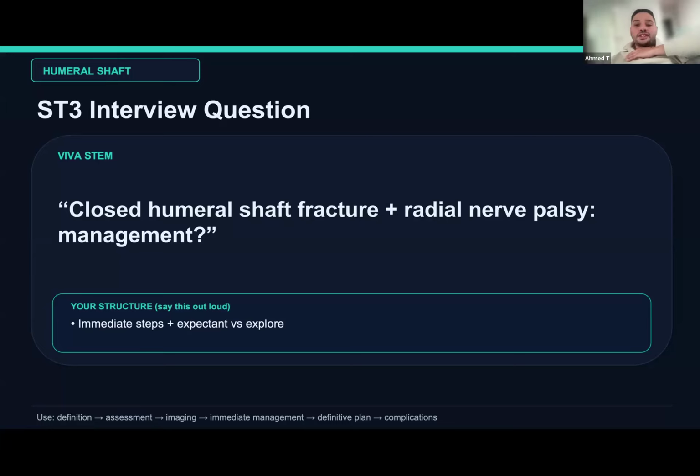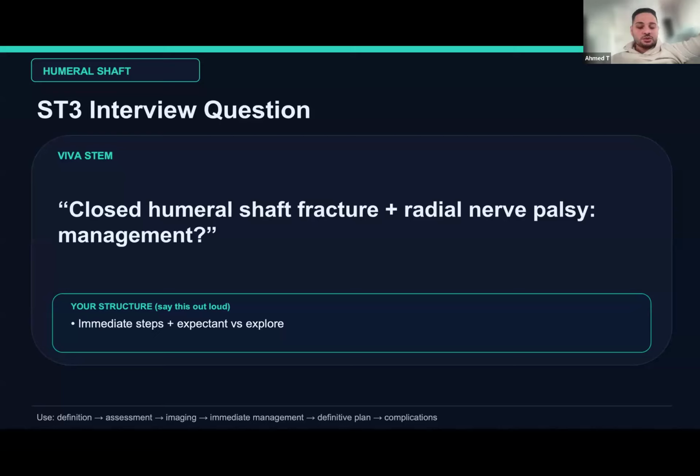Okay, that's fine. All right, so radial nerve symptoms on presentation is not an absolute indication for ORIF. This is most probably a neuropraxia, and you can wait and see. If the fracture is not for fixation, it's minimally displaced, but the patient has radial nerve symptoms on admission, you don't need to operate on him. You can wait and see.